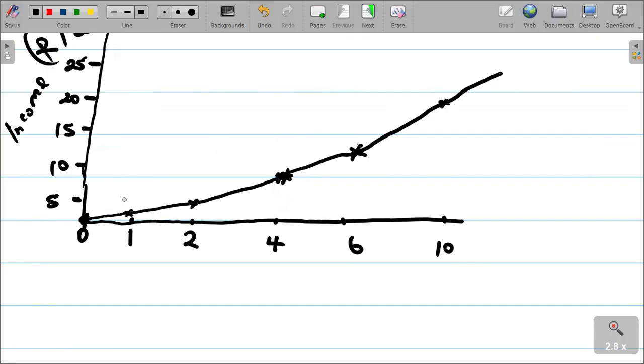I can even label them: this is 2, this is 4, this is 8, there it is 12, and there it is 20. This is the lemon line.